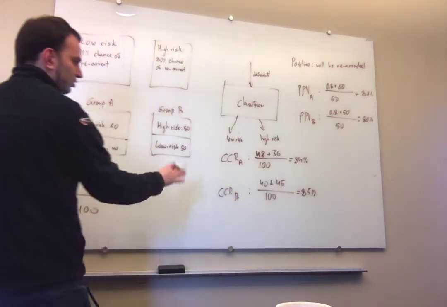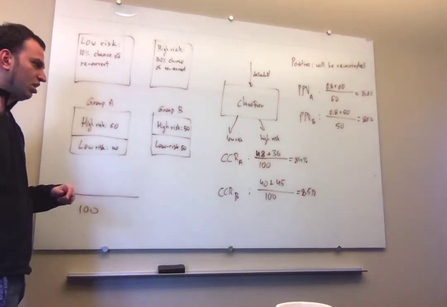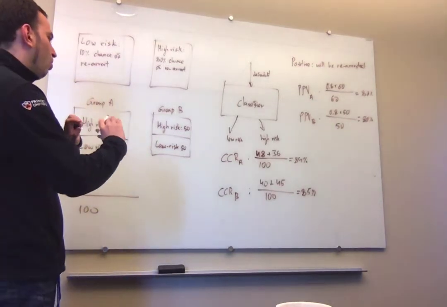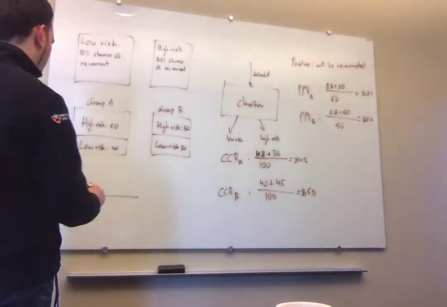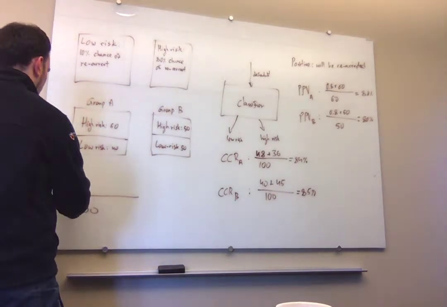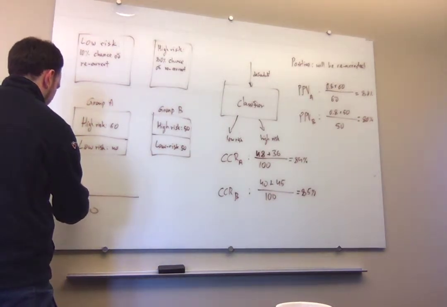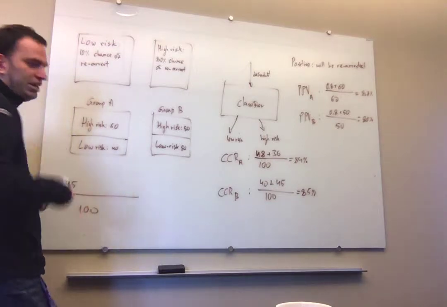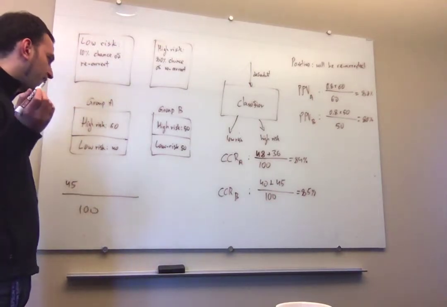So we said 50 are low risk, and we'll still say they are not going to be arrested, for all the low risk people. So we're going to be correct about 45 of them, and incorrect about 5 of them.